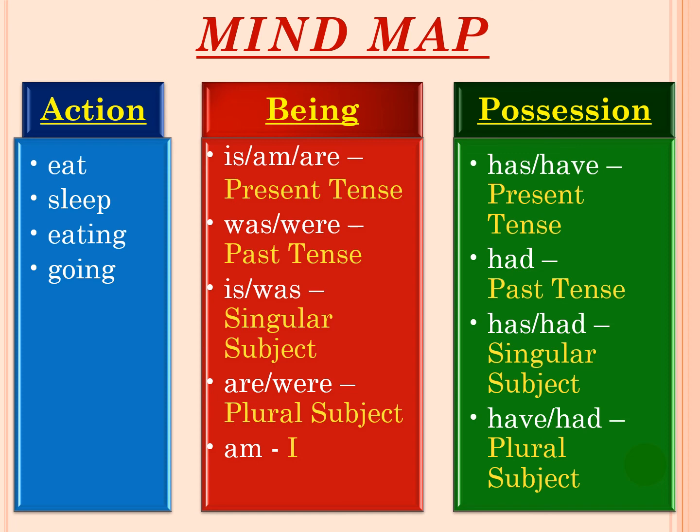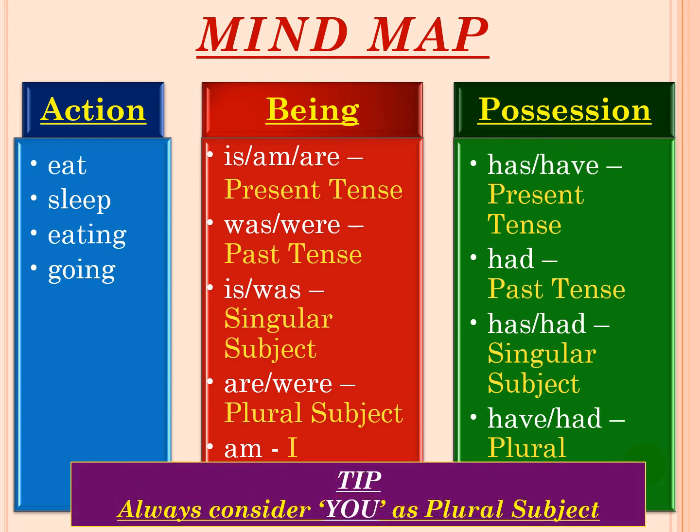Has and have are used for present tense, whereas had is used for past tense. We use has if the subject given in the sentence is singular, and if the subject is plural, we will use have. Whereas in past tense, there is just one verb, that is had. Whether your subject is singular or plural, it does not matter. For past tense, we will only use had.